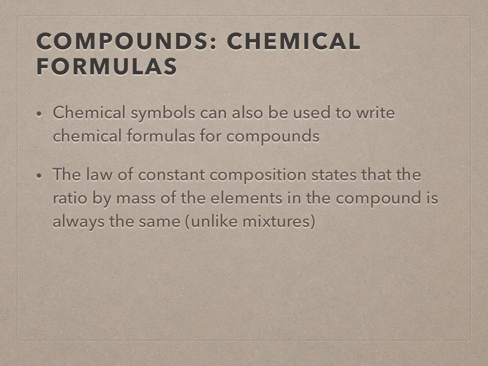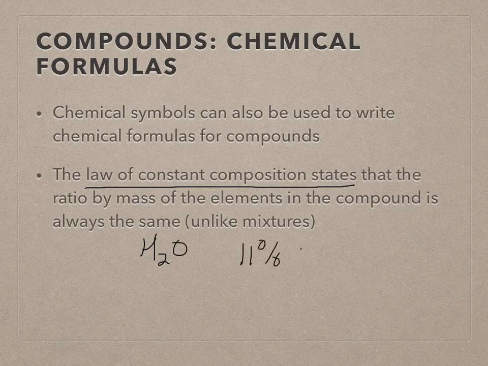One of the ways that we can tell the difference between whether something is a compound or a mixture is by its composition. There's something called the law of constant composition, and that says that when we have a compound, it always has the same ratio. So if we're talking about H2O, water is always 11% hydrogen by mass and 89% oxygen by mass, always. On the other hand, if you have a mixture, like brass or bronze, which are actually alloys, they can have variation.